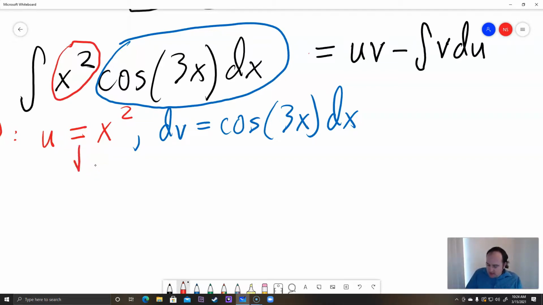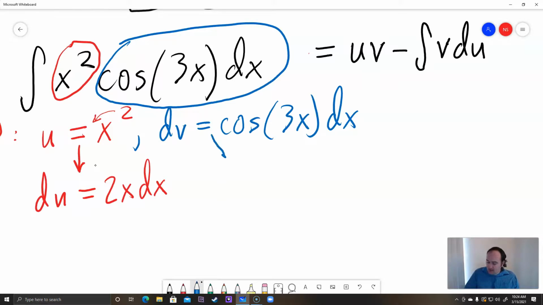So taking the derivative of this equation, we get du equals, using the power rule, we bring the exponent out front and we decrease the exponent by 1. So we get 2x dx. Okay? And then for the dv, we have to take the integral to get our v, because remember we need v on the right side here. So we have to take the integral of this.